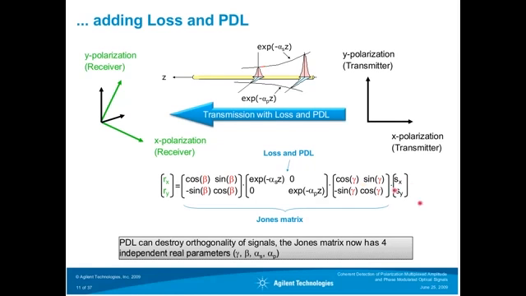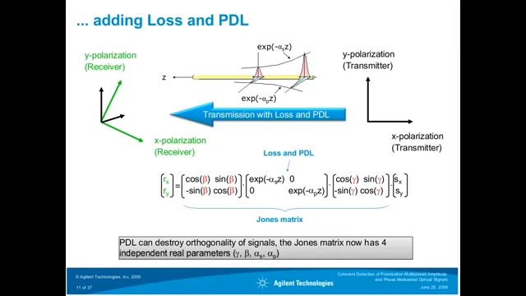So you have to first rotate the signals to match the transmitter to the PDL principal axis. Then you have the loss and PDL of the two signals. You recognize the alpha S, the attenuation on one channel, and the alpha P, the attenuation on the other channel. And then again, there's a rotational matrix to rotate the principal axis of the signals to the receiver frame.